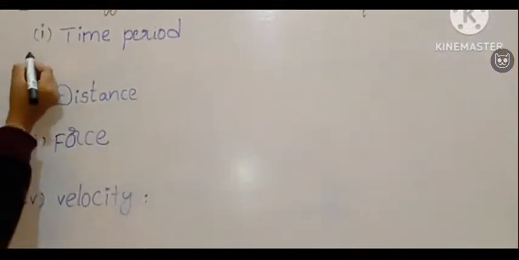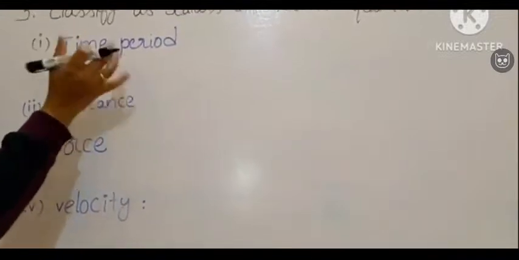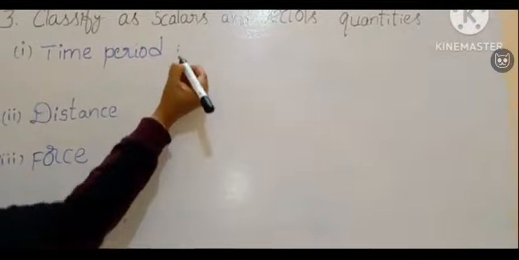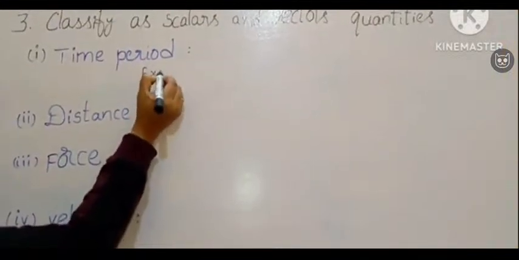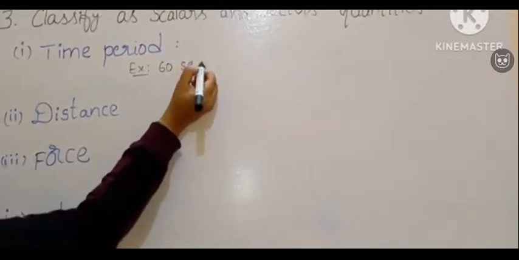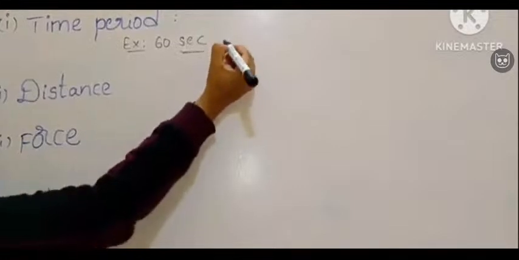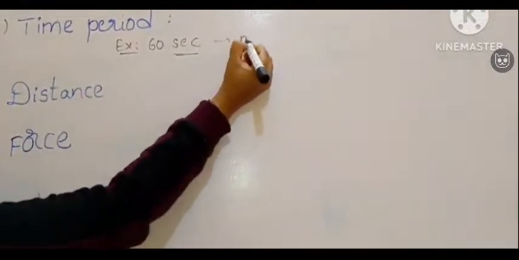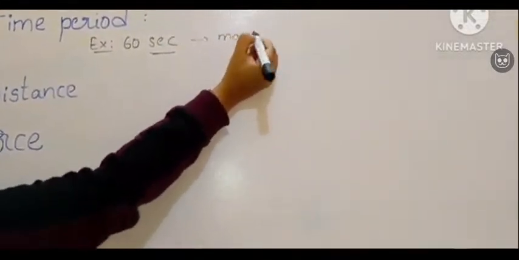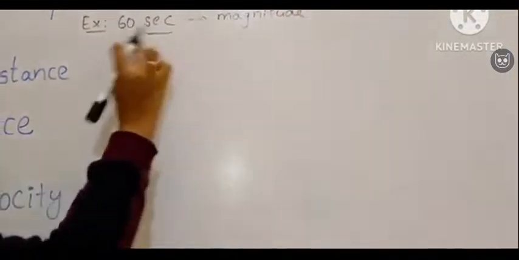The first question is time period. Time period is a quantity. For example, I am taking 60 seconds. These seconds represent only magnitude. There is no direction.